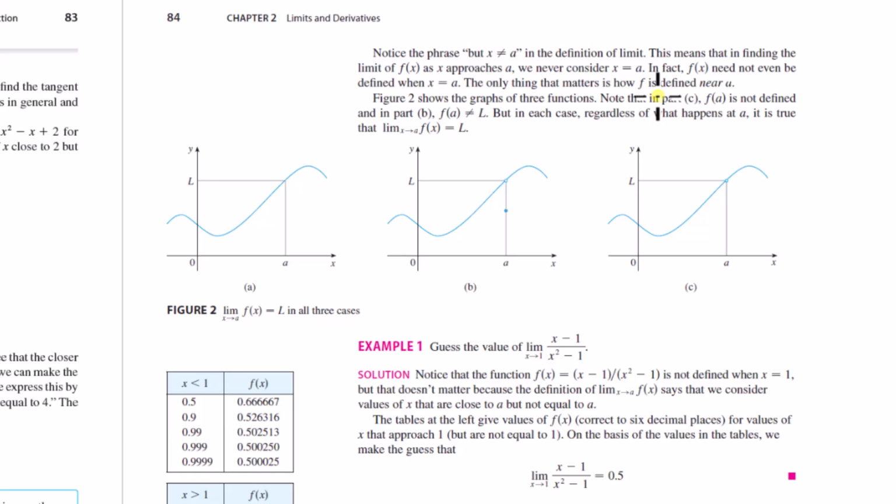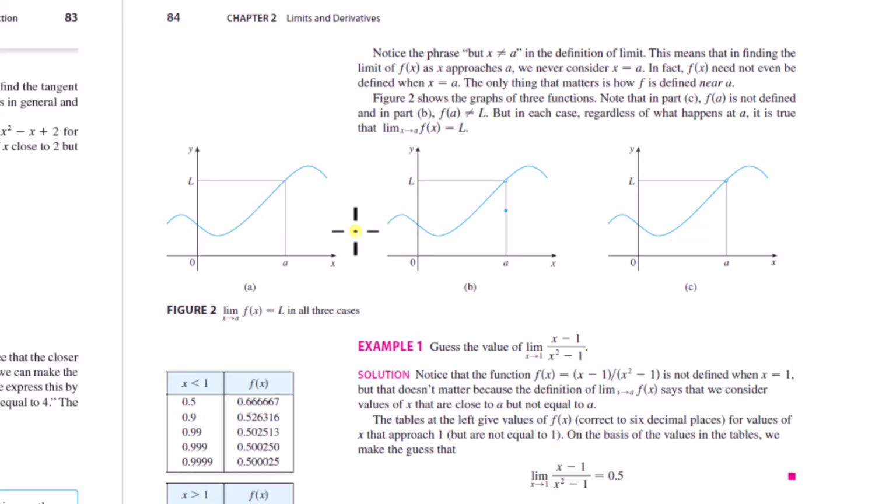A limit is all about what some function is doing when that function is near the limit input value we're approaching. It's all about what the function is doing near that value. What the function is doing at that value means absolutely nothing.